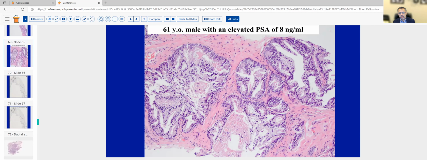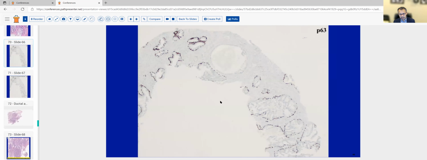If we look at these glands a little more closely, these are clearly atypical. They have a dense proliferation. They also appear to maybe have basal cells. But if I don't use a basal cell stain and I consider that an invasive component, then my grade would essentially be 4+3.